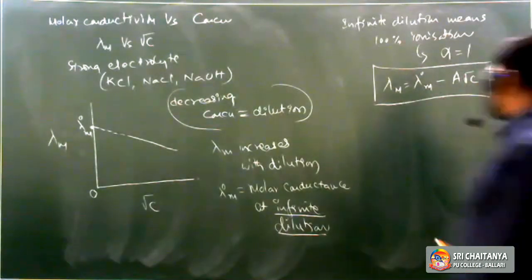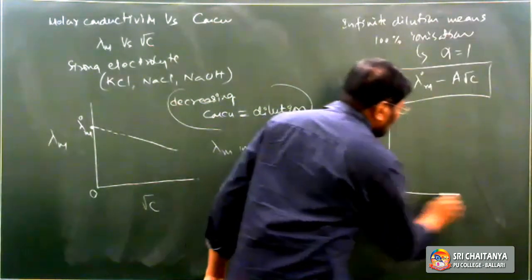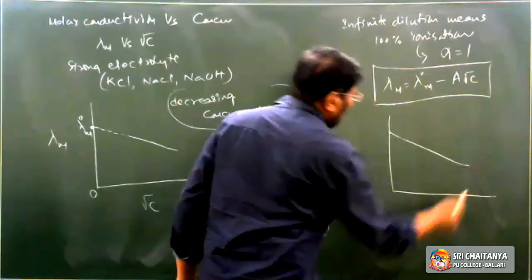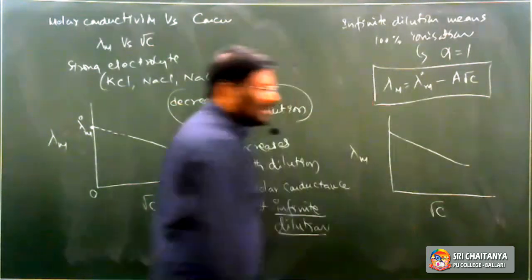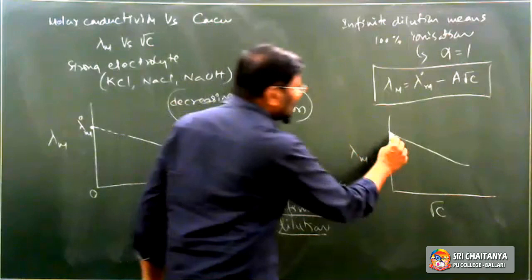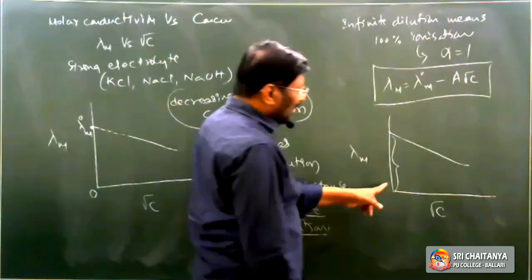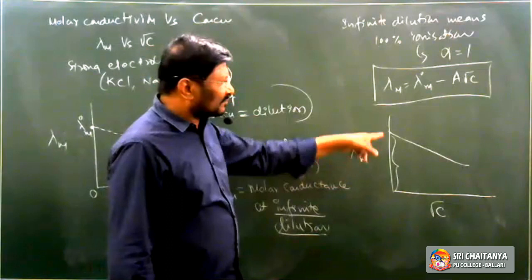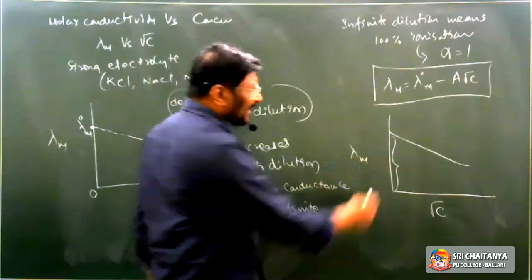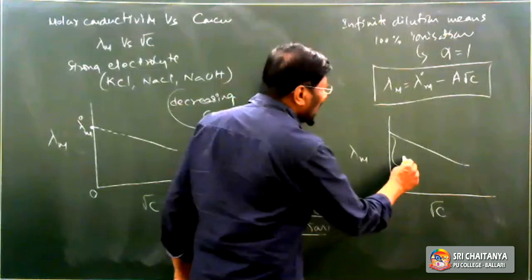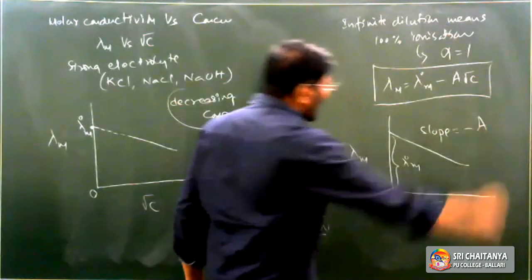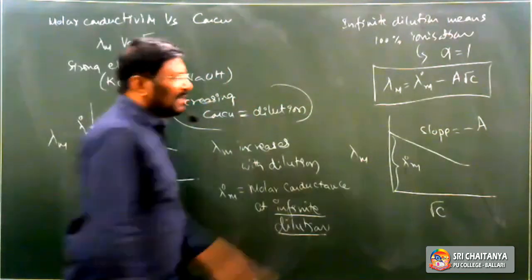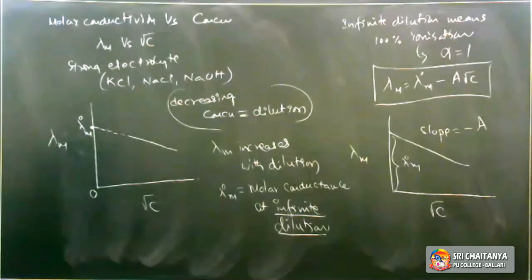So this graph you will get. Lambda m versus square root of c: this is the intercept. The intercept value is lambda naught m, and the slope is negative, minus a. Remember, the graph is also important.